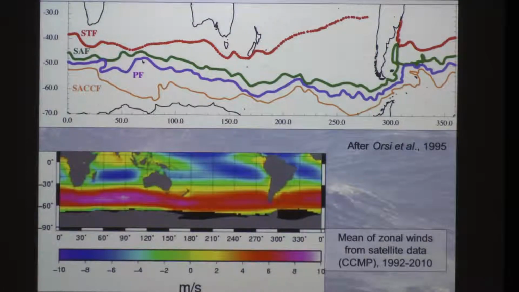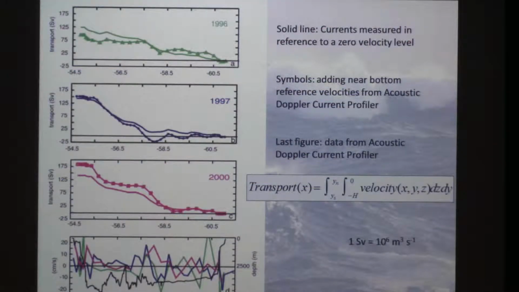And here's a demonstration of that from a review paper by Cunningham et al. in 2003, showing integrated transport from CTD casts on various cruises in 96, 97, and 2000. This is integrated, assuming zero velocity at the farthest southern extreme, and then integrating the velocity vertically and south to north as well.